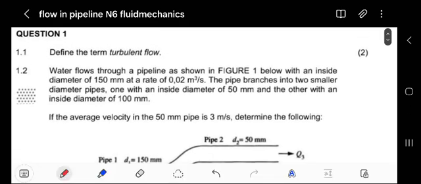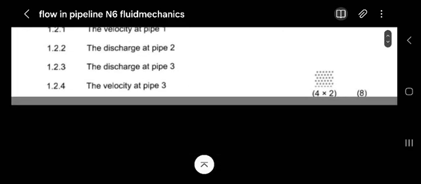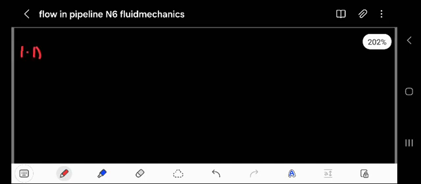Okay, we have question 1. Question 1.1 says, define the term turbulent. We have discussed this before.